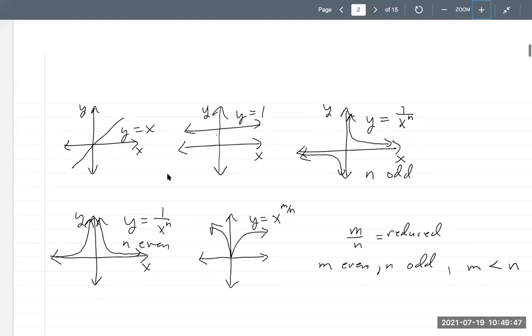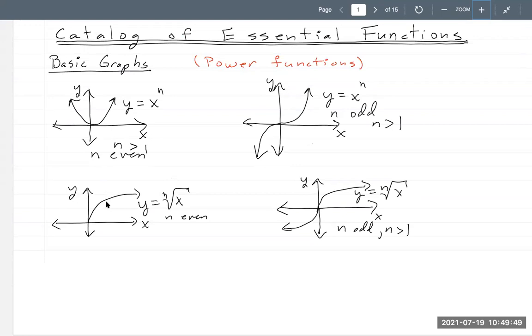Again, it's just sort of a merger between these guys here, which is the same as these guys. I'm only looking here in the first quadrant, depending on how big each of these are. If they're bigger than 1, it looks more or less like this. If it's less than 1, it looks more like this.